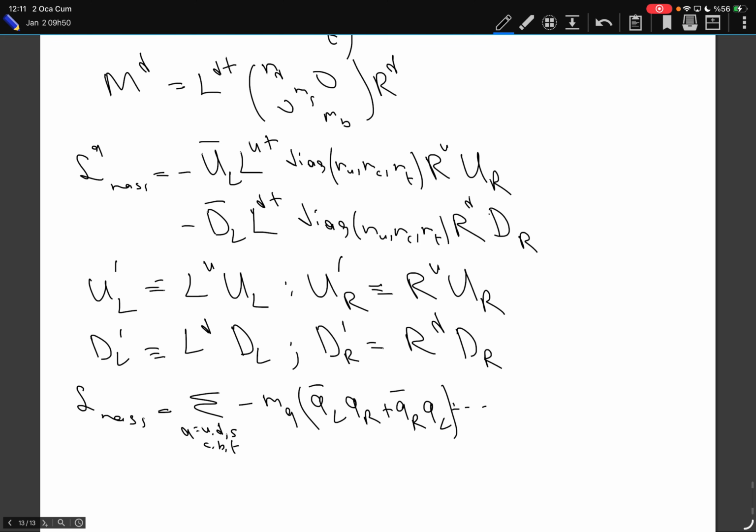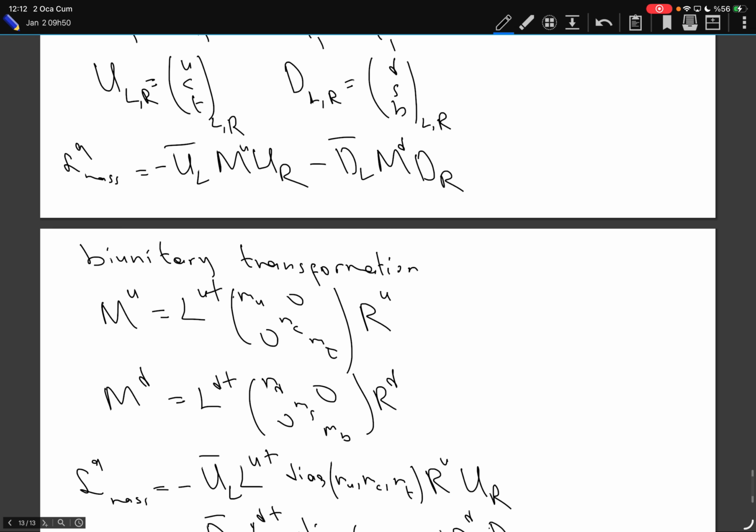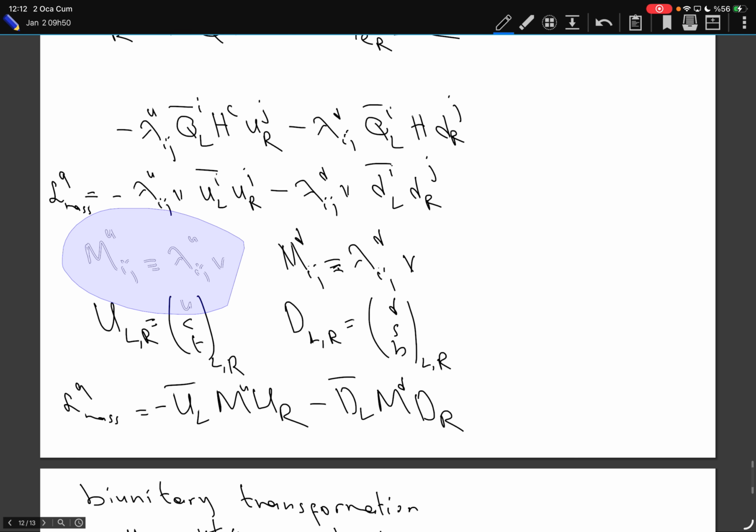These are now my mass terms. Now my quarks are massive. What are the mass values? Well, they are the eigenvalues of these mass matrices. What are those eigenvalues? Well, those are matrices given in this form.